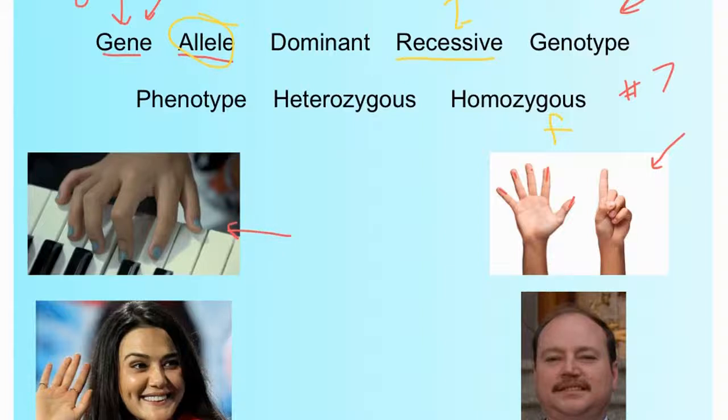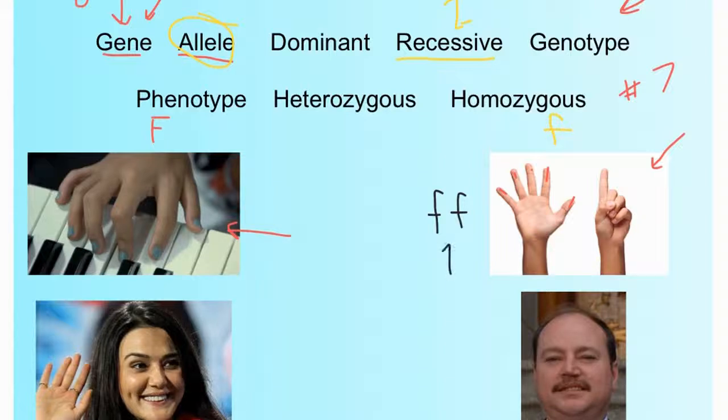That is a different allele. This person has the dominant allele, at least 1. And we'll signify that with a capital F. So, lowercase f, or lowercase letters, those are recessive, and you got to have 2 of them. So the only way you can have 5 fingers is you had to give a recessive allele from your mom and a recessive allele from your dad.